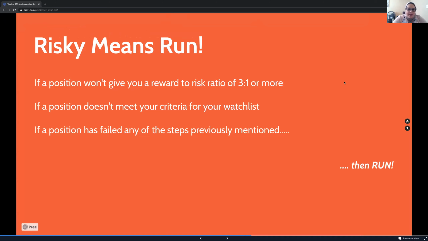And then the other thing that we want to do when it comes to where we're buying and where we're selling: we're not just looking at the green candle being long, or the red candle and the green candle being long, and we're looking for narrower areas, not wide areas. But we also want to make sure that that price point still meets the reward to risk ratio, ideally 3 to 1 up, or maybe 2.5 to 1 up.